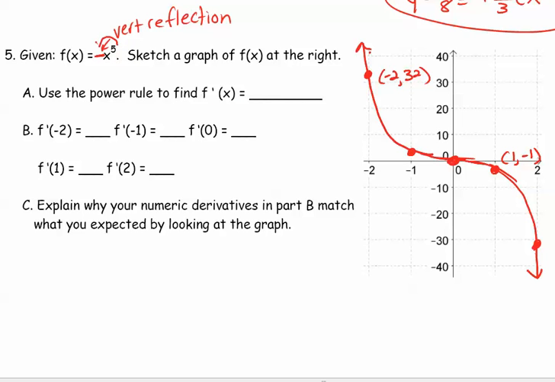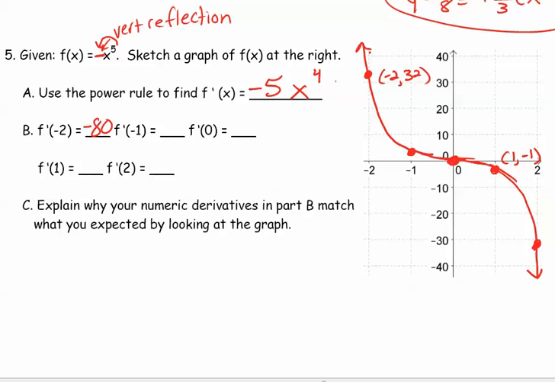We would bring the exponent of 5 down in front by multiplication, and we would reduce that power to 4. So let's find the slopes, the derivatives. If we put -2 in for x, -2 to the 4th is +16 times -5 is -80.